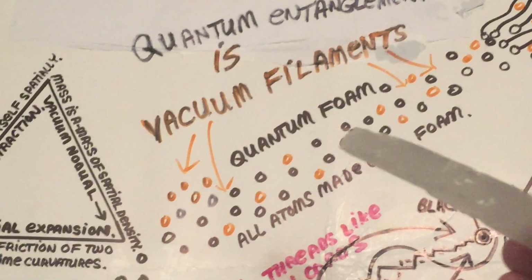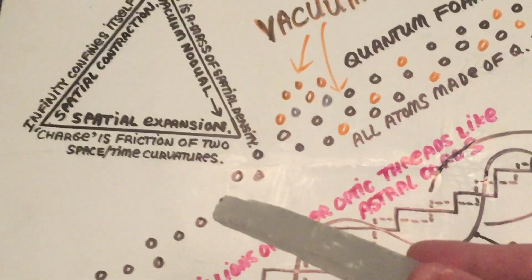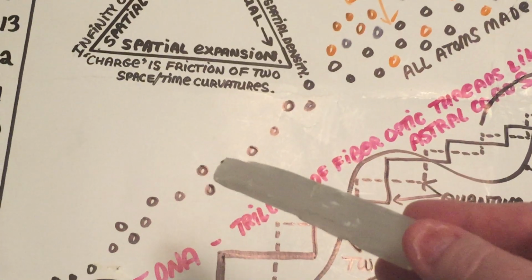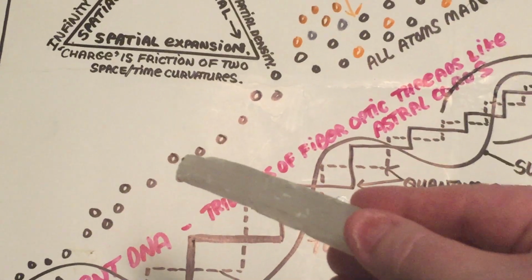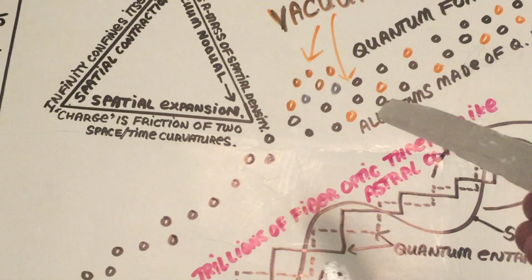And this series of vacuum fluctuations, as they're known, creates a chain across millions to billions of light years.